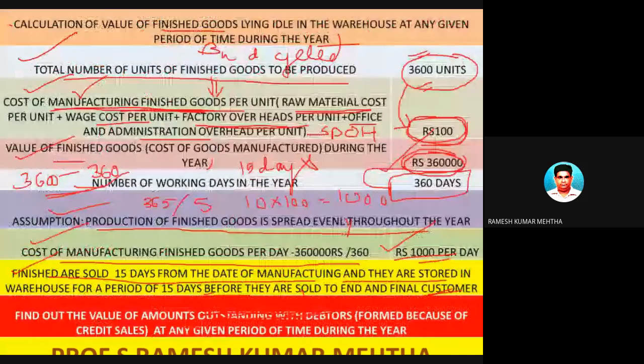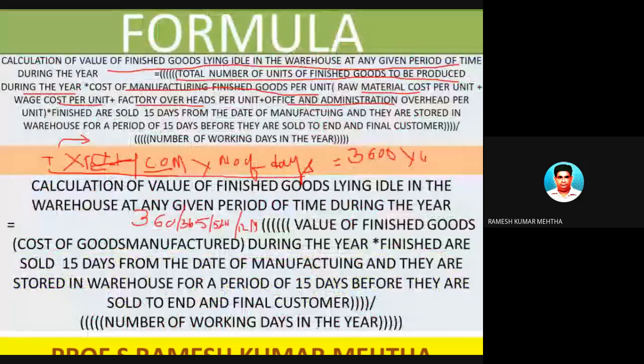So into 100 rupees, into the number of days for which the goods will be lying idle till they are sold to the customer, that is 15 days, by 360, because I am assuming the number of working days is 360. If you solve the problem, it is 15,000 rupees.